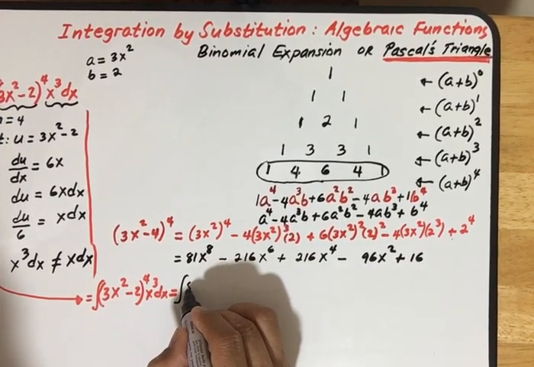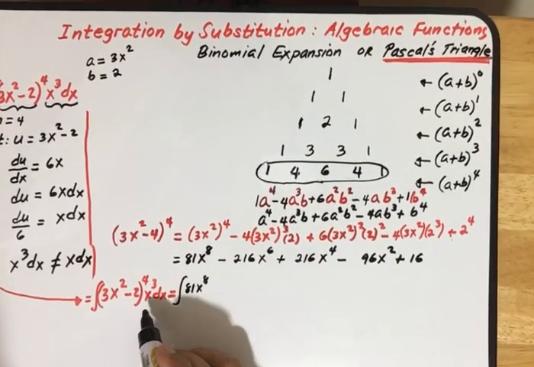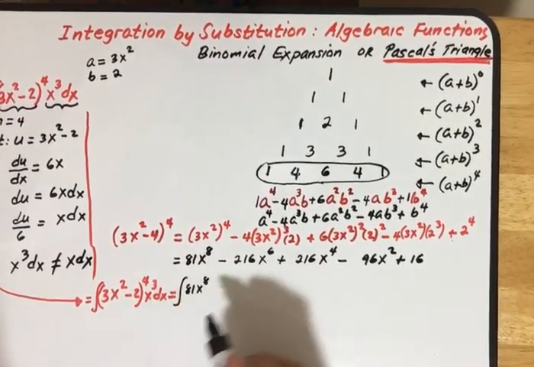So 81 x to the power 8, then you distribute x cubed dx.